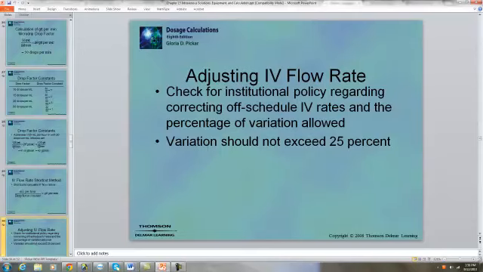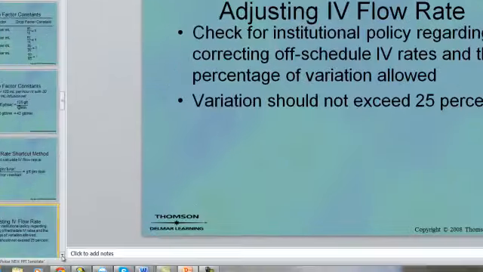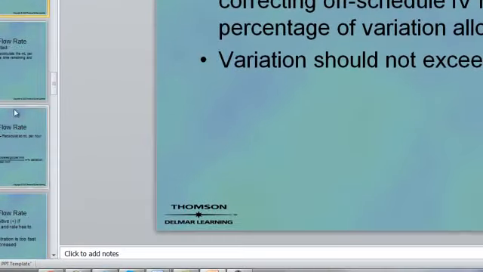Check for institutional policy regarding correcting off-schedule IV rates and the percentage of variation allowed. Variation should not exceed 25%.